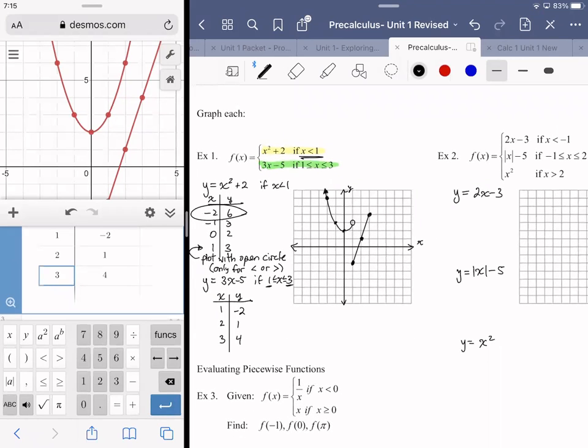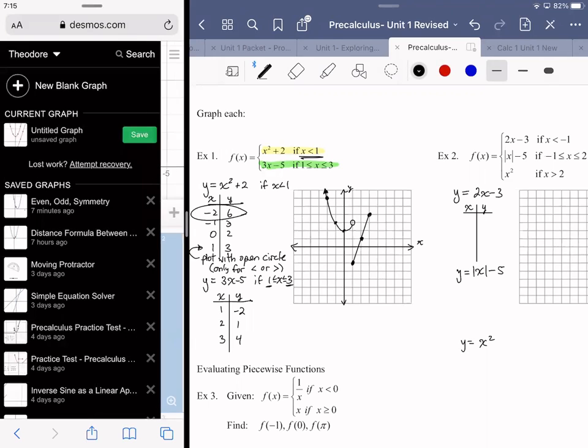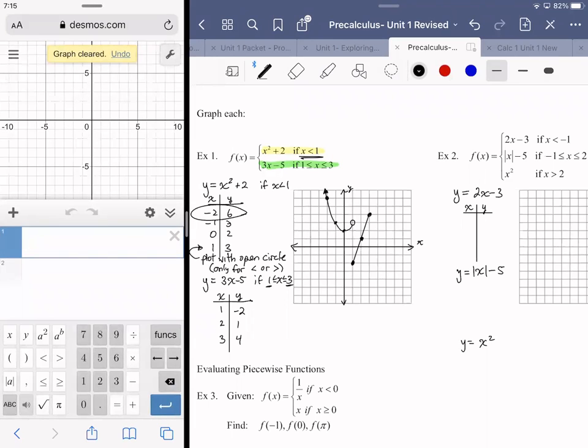I want my x values to max out at -1 for the first piece. All right, so I only want it to go up as high as -1. So what I would do, let me just refresh this. Type in y equals 2x minus 3. Good looking graph.